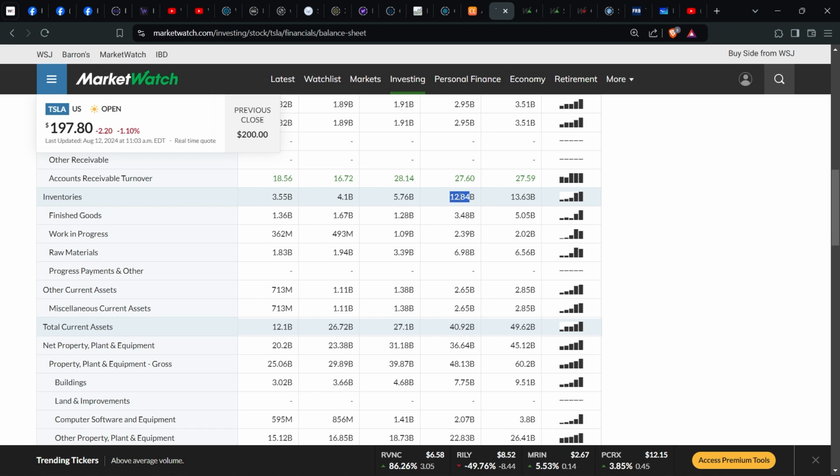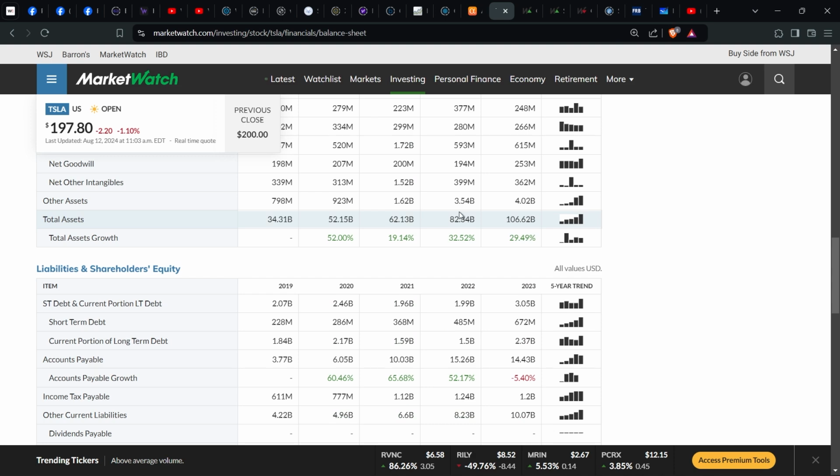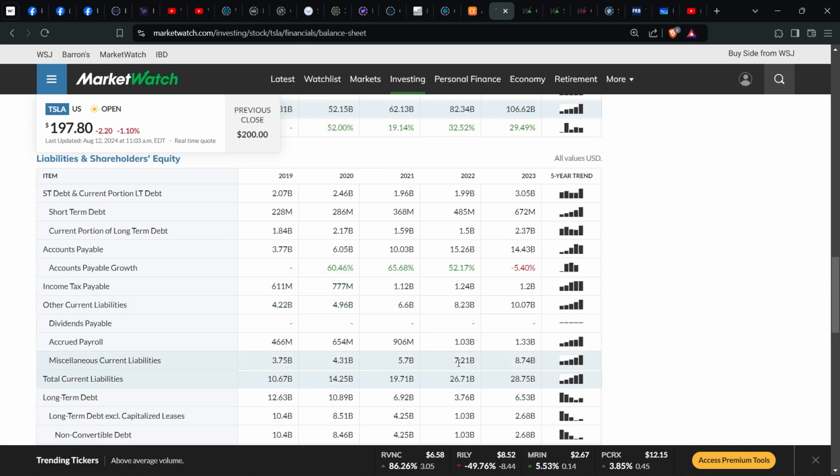Like here, this is 12 billion and the payables was 15 billion. That means there's around 2.9 billion that is in credit. They received goods worth 2.9 billion on credit. I don't want to get too deep into this at this point because we will have to revisit it later, but just keep that in mind.